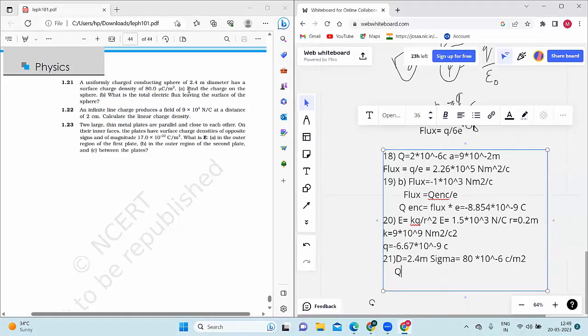So we know that charge equal to sigma into the area in which the charge is spread over. So area is pi r square, but we have the relation in diameter, so we will use it as 4 into pi d square.